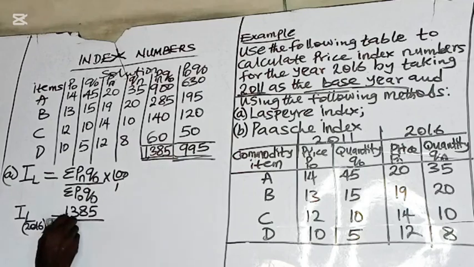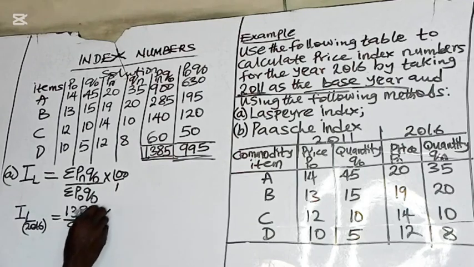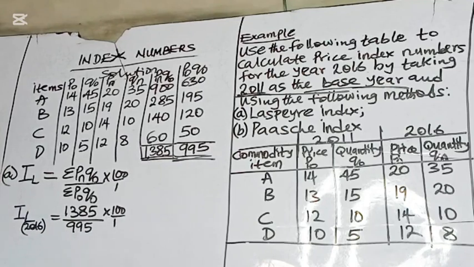POQO is 995, times 100. 1385 divided by 995 times 100.